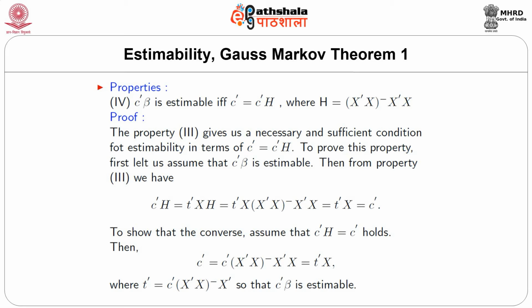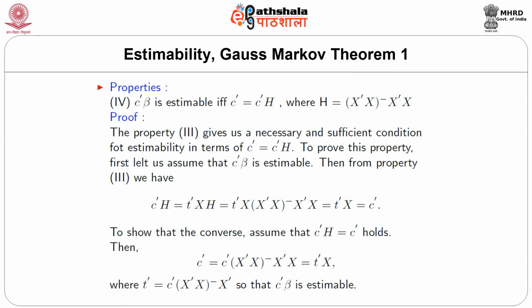To show that the converse is also true, assume that C transpose H equals C transpose holds. Then C transpose equals C transpose X transpose X G inverse X transpose X, equal to T transpose X, where T transpose equals C transpose times X transpose X G inverse X transpose.